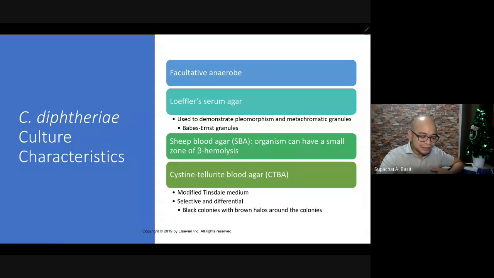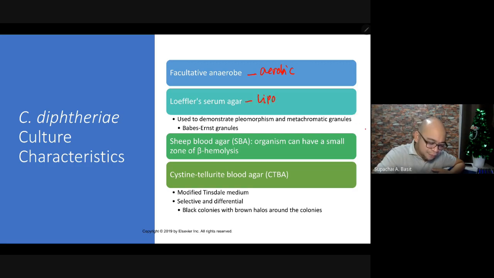Take note that they are facultative anaerobes, meaning they are aerobic by nature but can still live even in the absence of oxygen. If you really want to see the metachromatic granules or the Babes-Ernst granules, you need to culture them in Loeffler serum agar.